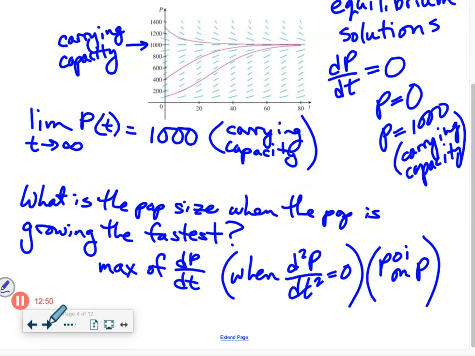Couldn't we just look at the graph and think of the slope field? Couldn't we just take whatever the highest slope is? How do you know where the highest slope occurs?